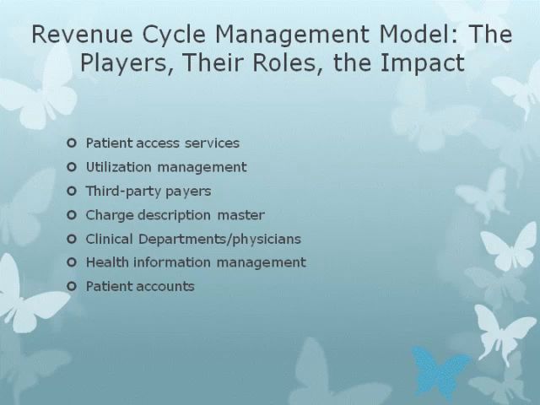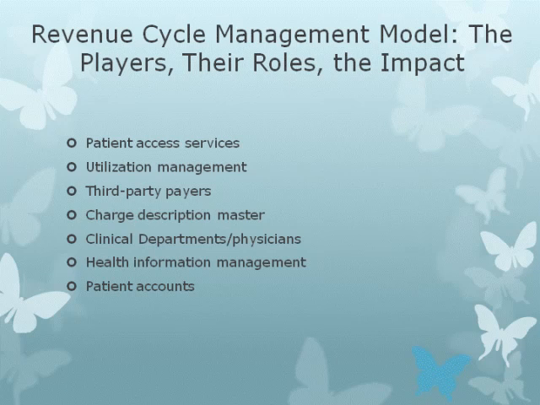The important players within the revenue cycle would be patient access services, utilization management, third-party payers, of course your charge description master, your chargemaster, clinical departments and physicians, and health information management and patient accounts.